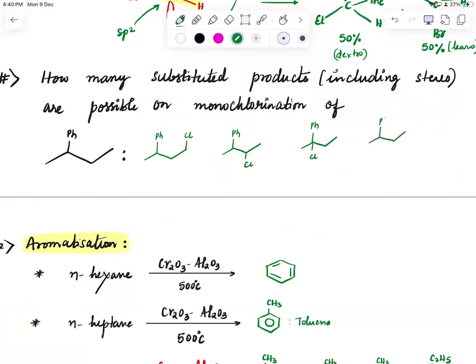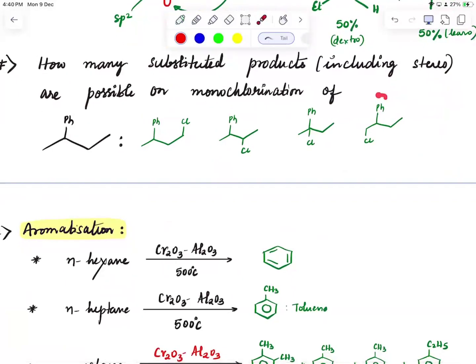Usually it should happen even on the phenylic position, but that will usually be excluded in the exam. So exclude phenylic substitution.